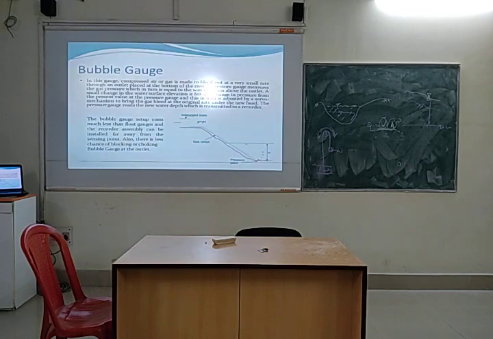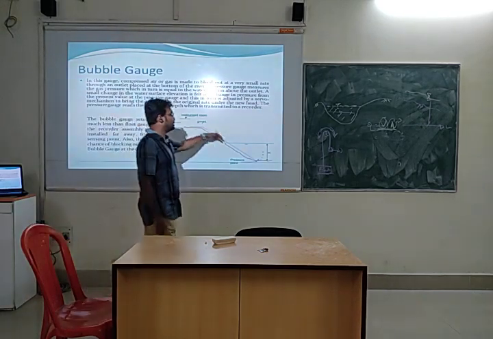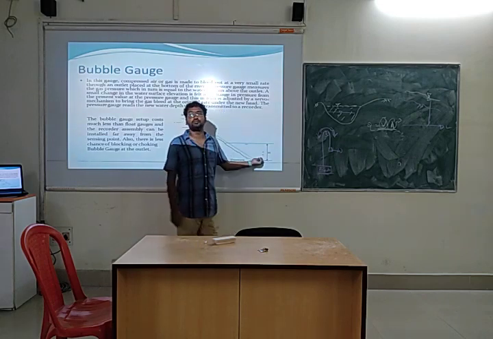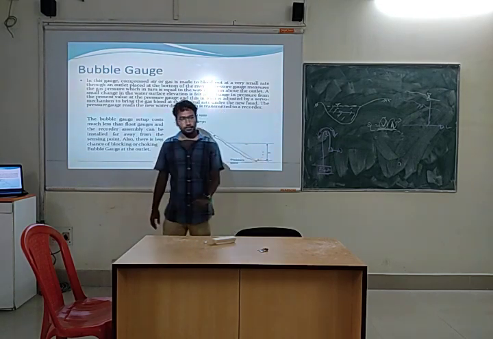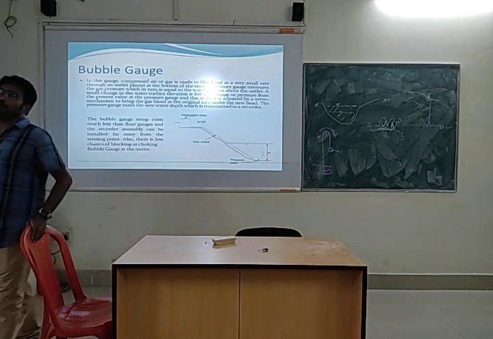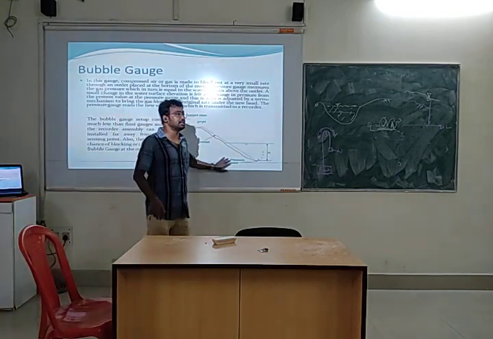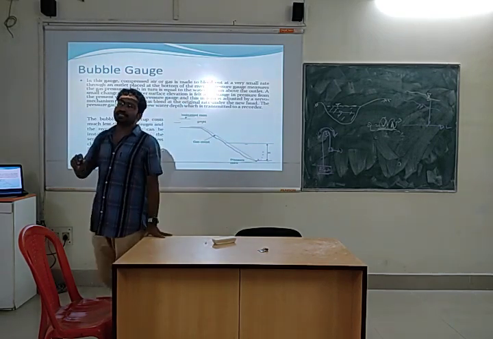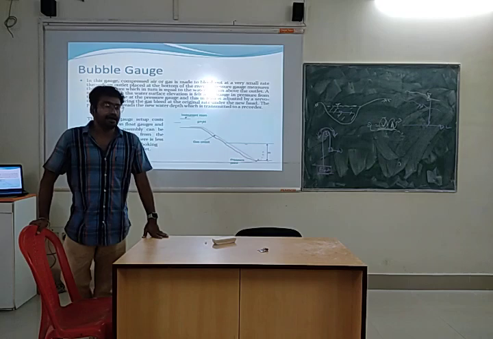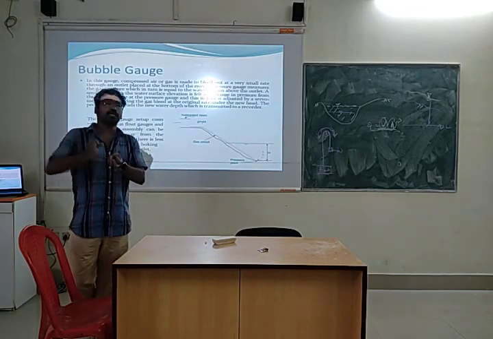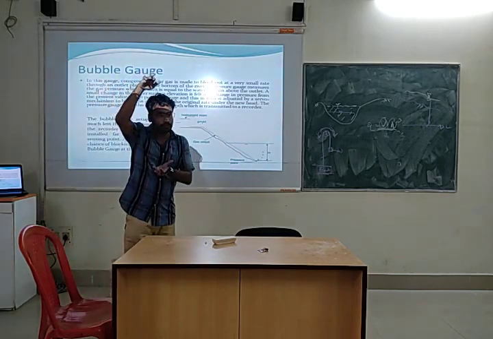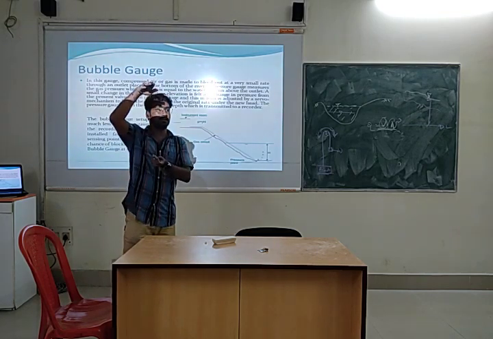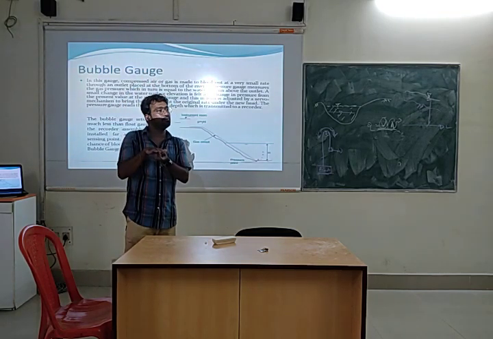This is the second one, called the bubble gauge, and in this, what happens is that gas or air bubble is provided at the bottom of the river, right? And some sort of pressure measurement instruments are there. So you need to measure the pressure of the bubble, and that bubble pressure and the pressure exerted by the water will be equal.